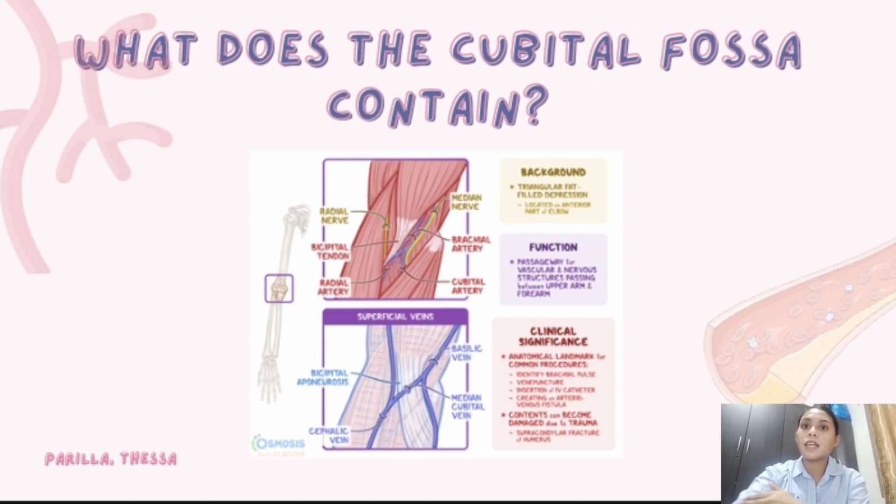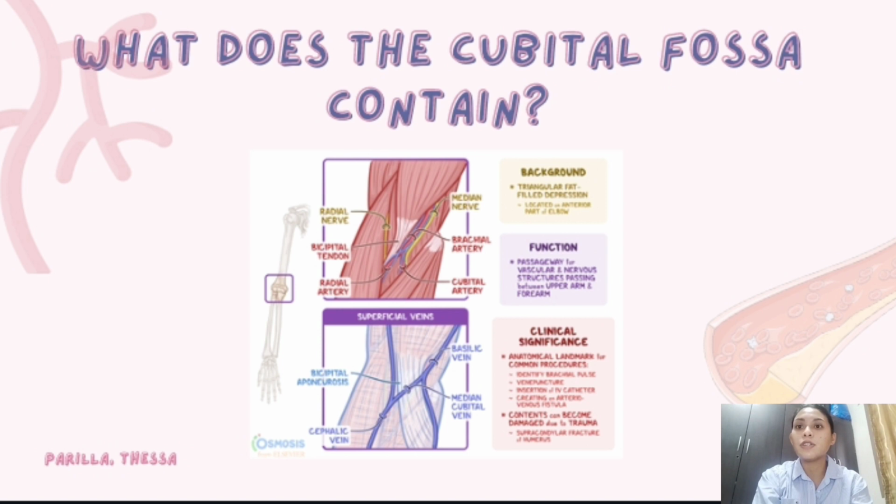Eventually they enter the forearm here, between the two heads of the pronator teres muscle. So if you see parang dalawang heads dito, dyan sila nag-travel, yung artery. The brachial artery separates into the radial artery and the cubital artery at the apex of the cubital fossa. So yung radial artery and cubital artery, part yan sila ng brachial artery.